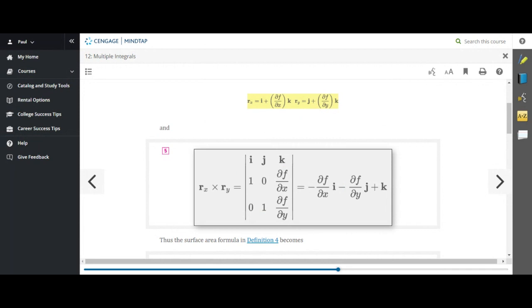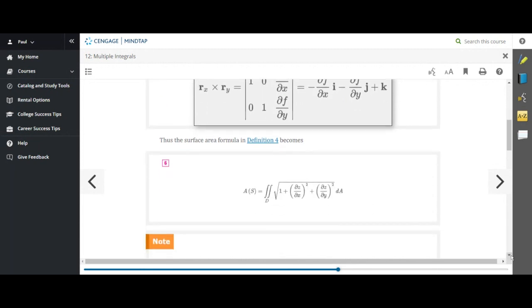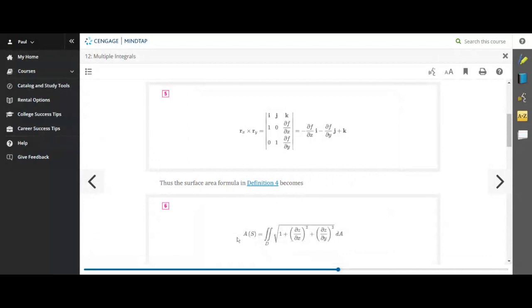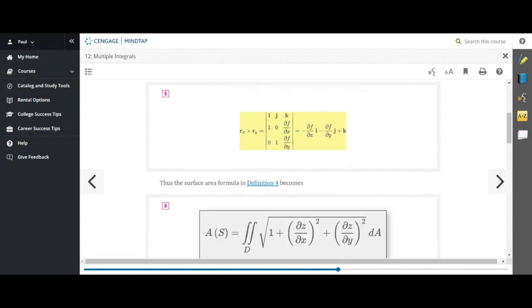And based on that cross product, there's the surface area formula. Let me see if I can highlight it. Yeah, there's the surface area formula.